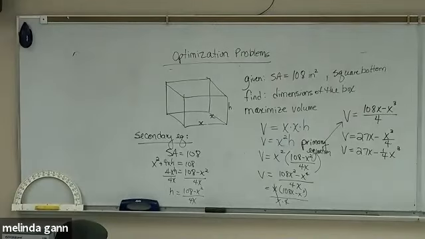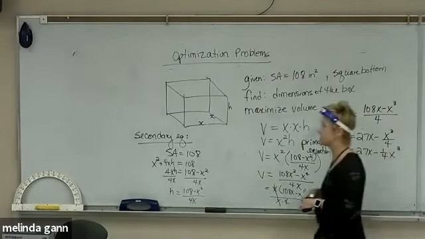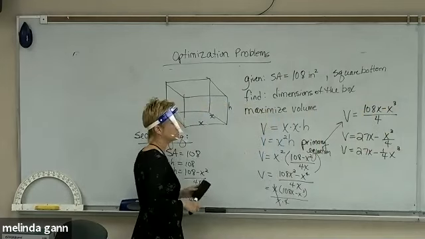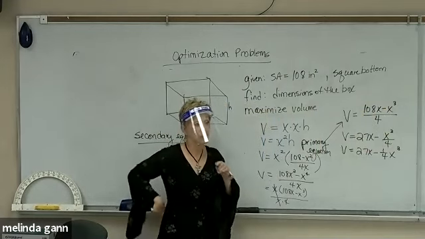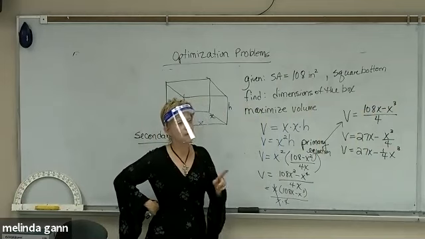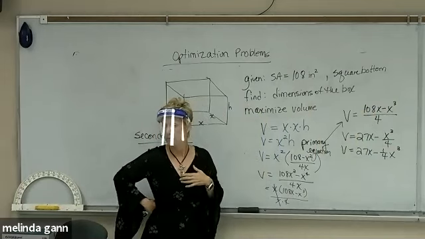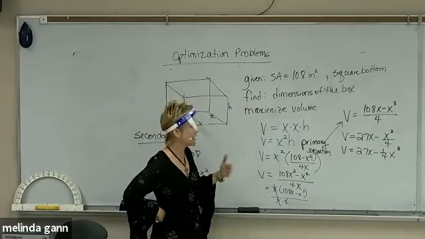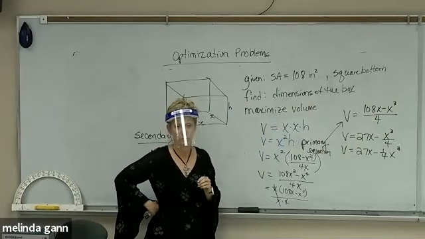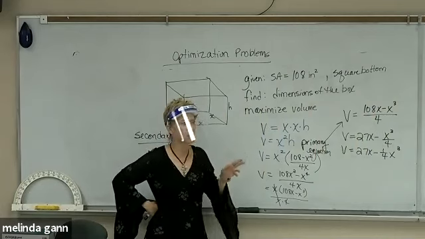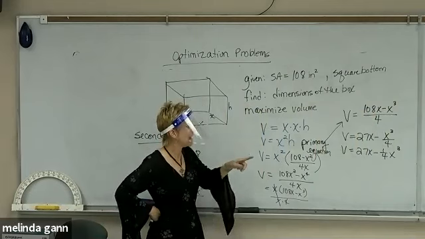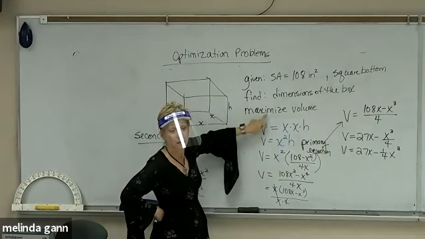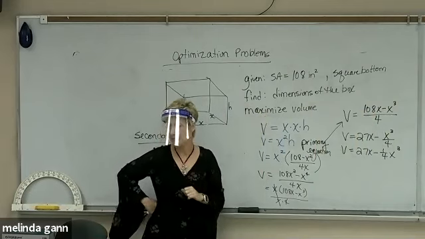On the test on Monday, how are you getting maxes and mins? From the first derivative, from the split point table. So you can go back and make a split point table and show me that 6 really is a max. That's one option.